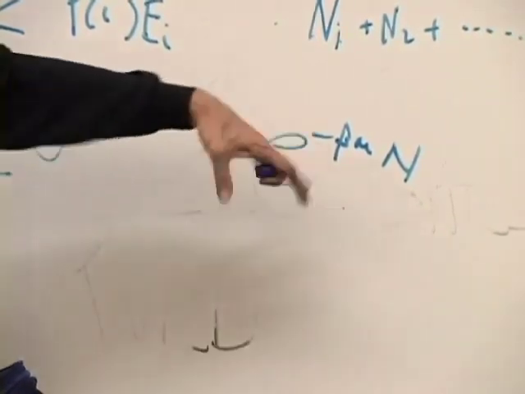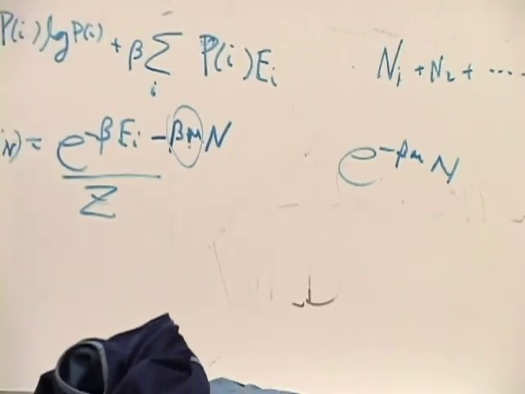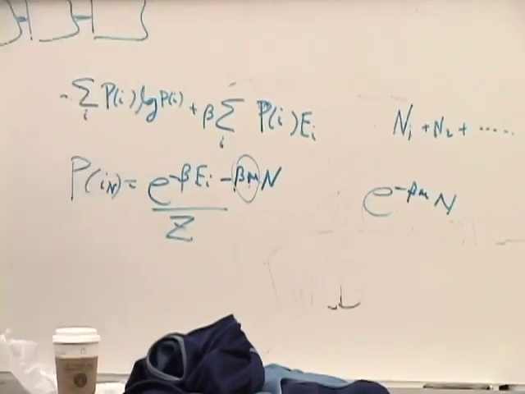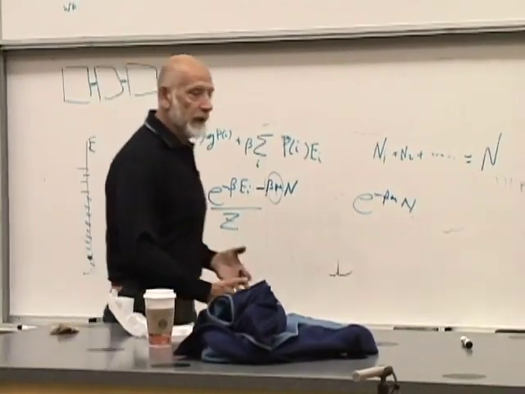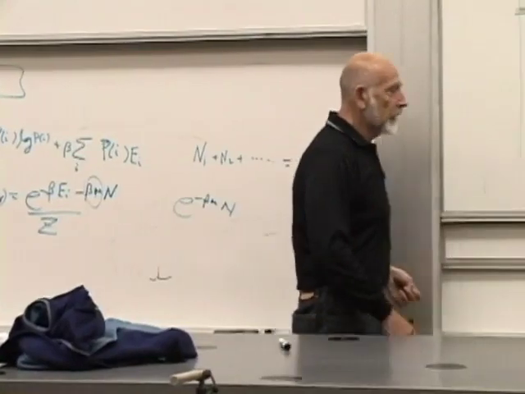Let's see, the smaller mu is, the more particles will be in the box, or whatever it is. So chemical potential is just a device for tuning the number of particles in a box in a situation where the number of particles in the box can fluctuate or change in one way or another.